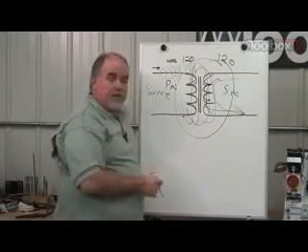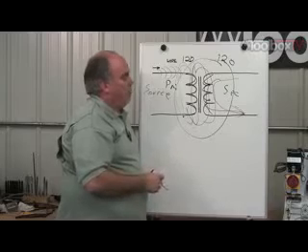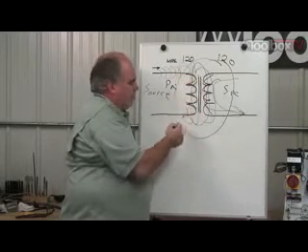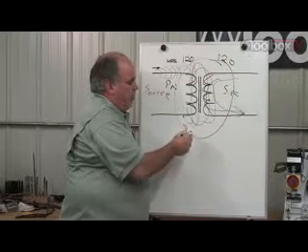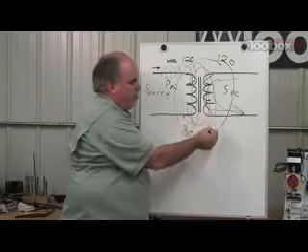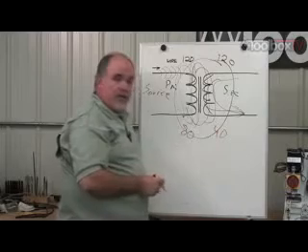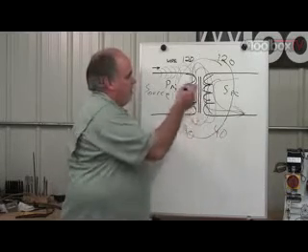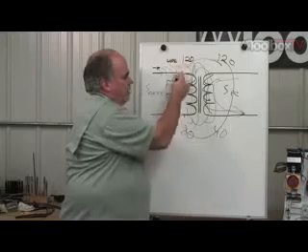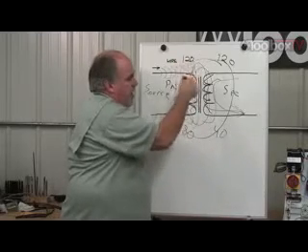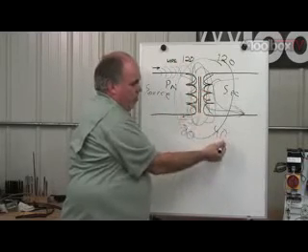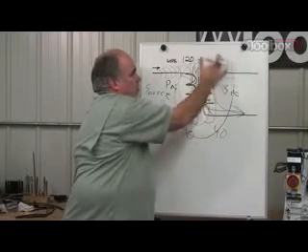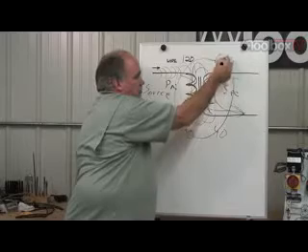If it's a step-down transformer, what you would do is put, let's say you had 80 turns of wire on the primary and only 40 turns on the secondary. That would be a step-down transformer. And what that would do for you is if you put 120 volts in, that magnetic field passing over 40 turns of wire from 80 would end up giving you only 60 volts.